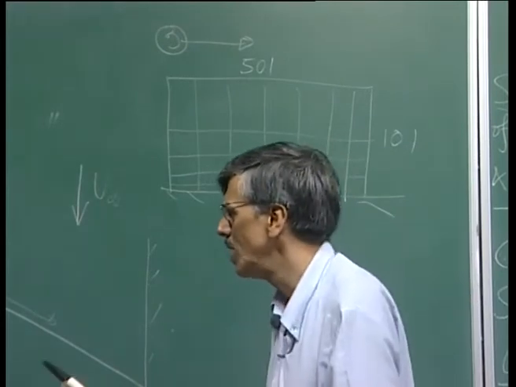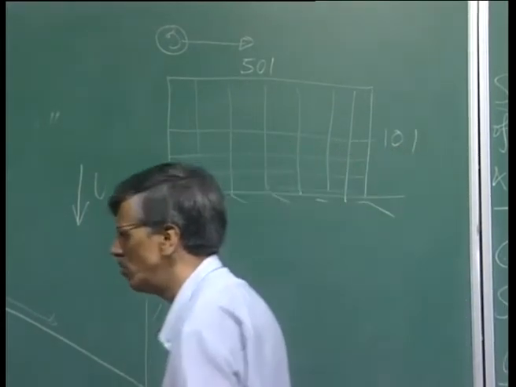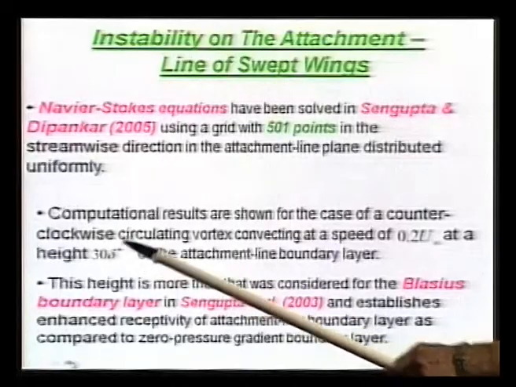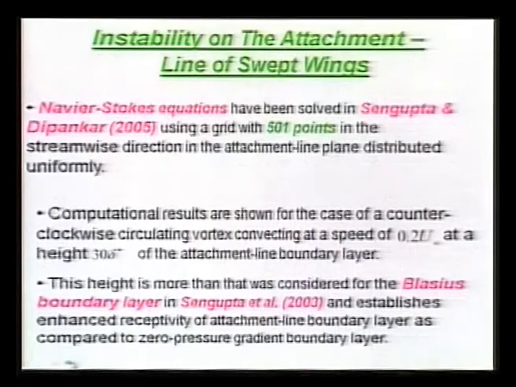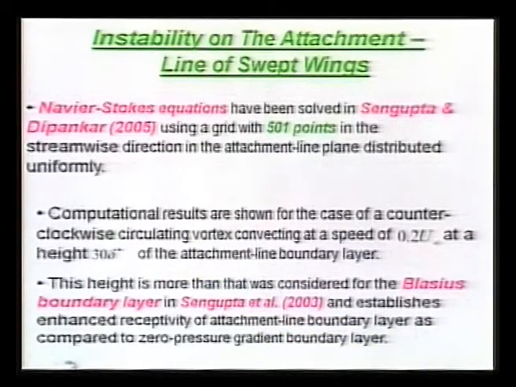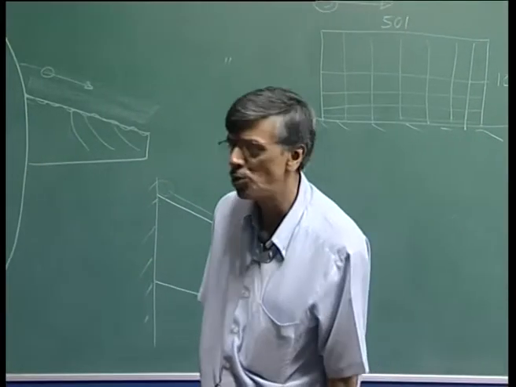Okay. And some results we will see shortly will be for the case of a counterclockwise circulating vortex convecting at a speed of 0.20 and at a height of 30 delta star.